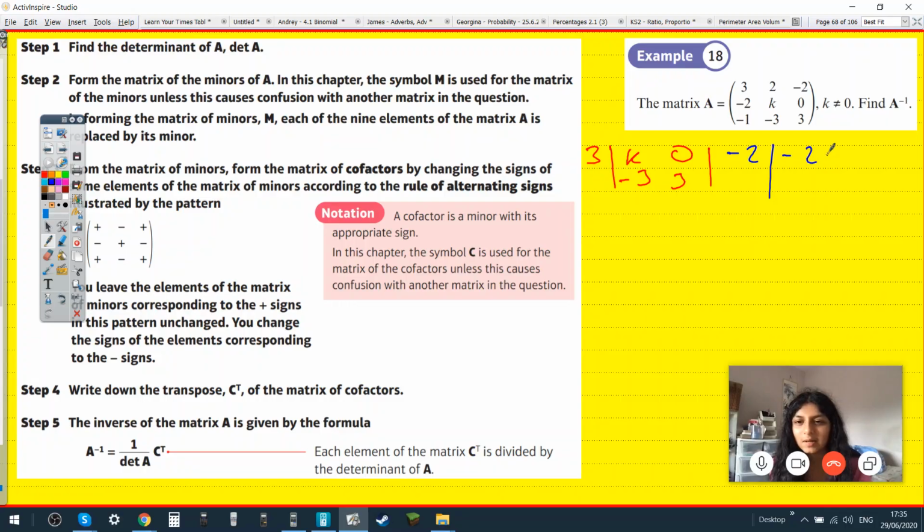Is that right? Yeah, okay. Plus 2, minus 2, K, minus 1, minus 3. Okay, and then determinant of them.